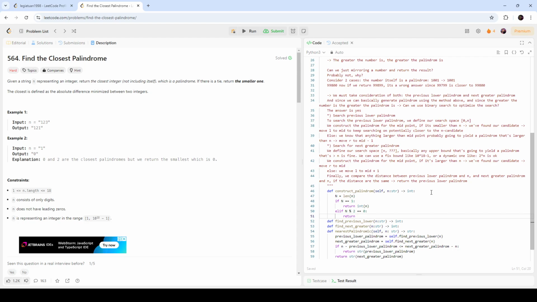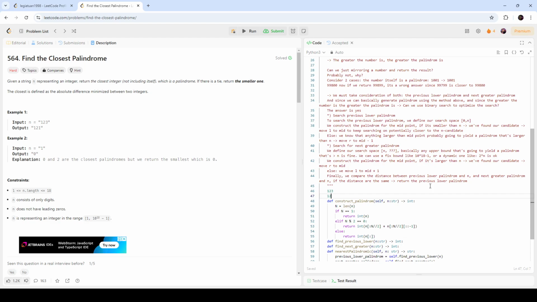We can just take the first half and concatenate it with the second half, which is the first half reversed. Else, if the length of the number is odd, we return basically the same, but we need to consider the middle digit.